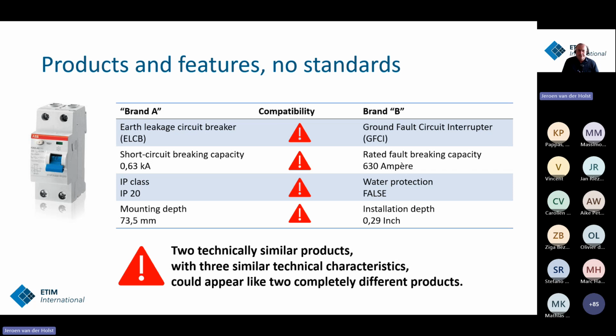And as you can see, both brands use different names, not even the official ones. Then you'll need to figure out if both products are technically fit for your requirements in order to make the right choice, right? You see that brand A uses different names, units, and data types to describe similar characteristics as brand B. One talks about IP class, the other says, oh, yeah, it's not suitable for watery conditions.